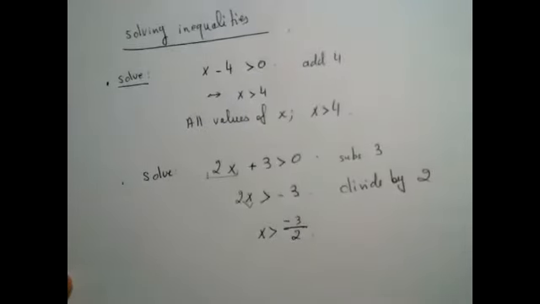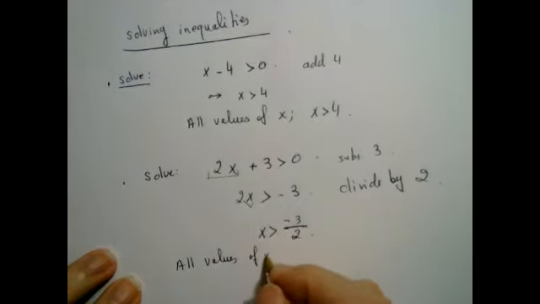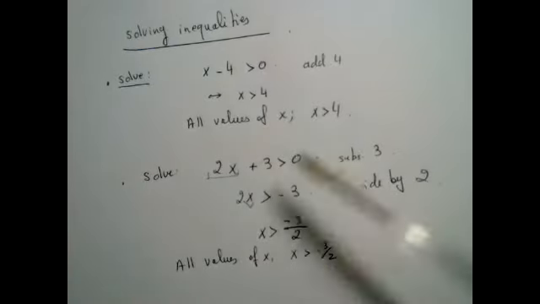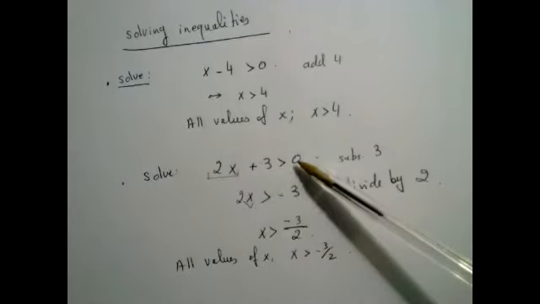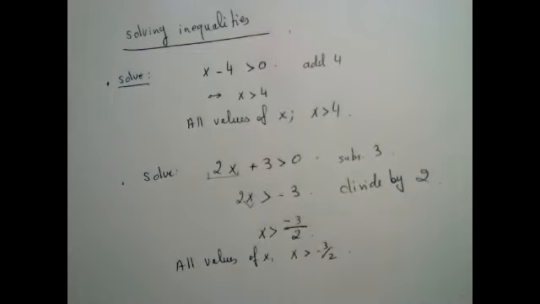So it means that the solution is all values of x that have the property that x is larger than minus 3/2. If I take x equal to minus 1 and plug it in here, minus 2 plus 3, I get a positive number. If I take x equal to 0, I get a positive number.